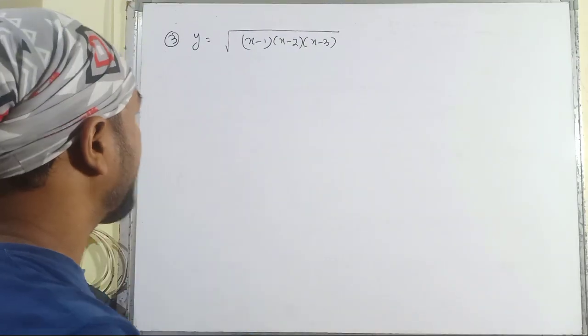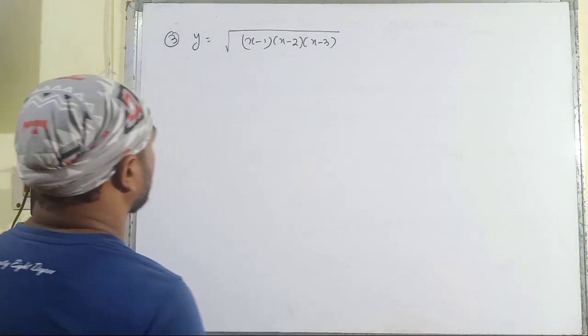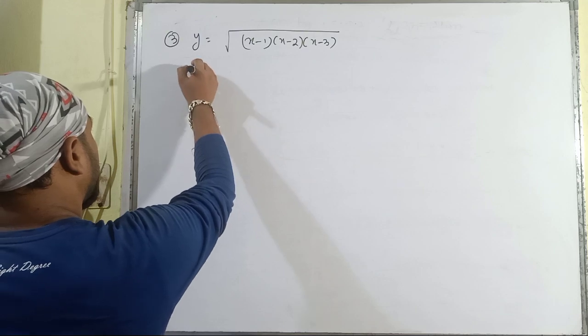Here is problem number 3. It is given that y is equal to the square root of the multiplication of (x-1), (x-2) and (x-3).